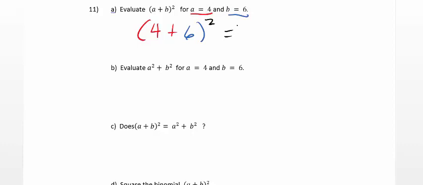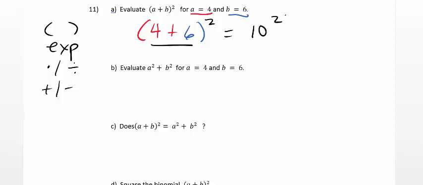Our parentheses come first. So everything inside parentheses happens first. Then we go back and do our exponents, and then we do any multiplication or division in order from left to right, and then any addition or subtraction in order from left to right. So we can go ahead and take care of what's inside of the parentheses. 4 plus 6 is going to be 10, and then 10 squared is going to be 100.